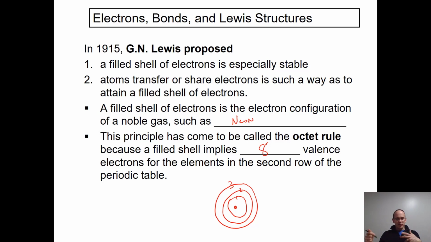And that's the group of atoms that we're going to be concerned with the most. Anyways, that's where carbon is. It's in that second row of the periodic table. So anytime you can put 8 electrons around that second shell of an element, it's going to be a very special situation. That 8 valence electrons is called the octet rule. And the octet rule is just saying get 8 electrons in the valence shell.